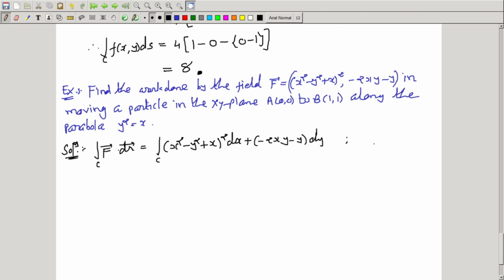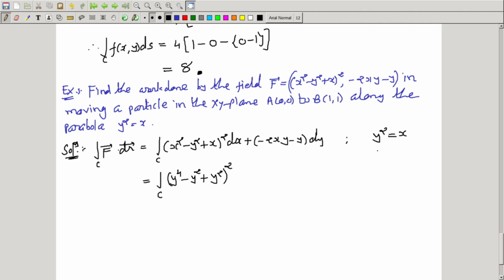What we have given? We have given this curve y square equal to x. So now in place of x, I shall write y square. In place of x, I shall write y square. So this is x square is y raised to 4 minus y square plus x is y square whole square.